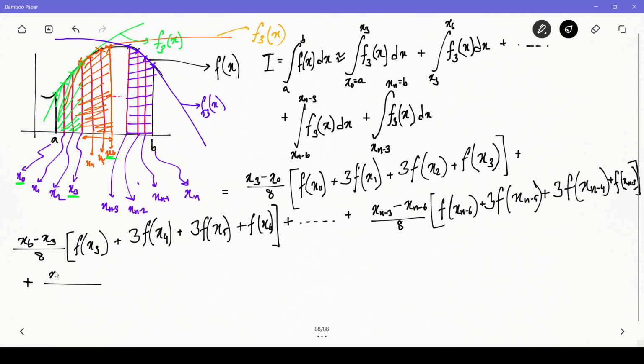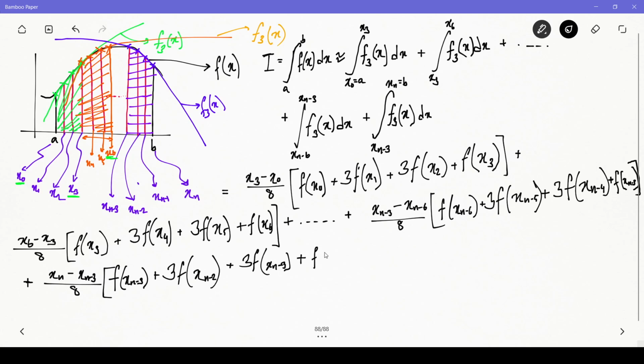So xn is the label of our last x value, minus x sub n minus 3, divided by 8, times f of x sub n minus 3 plus 3 times f of x sub n minus 2 plus 3 times f of x sub n minus 3, plus what?